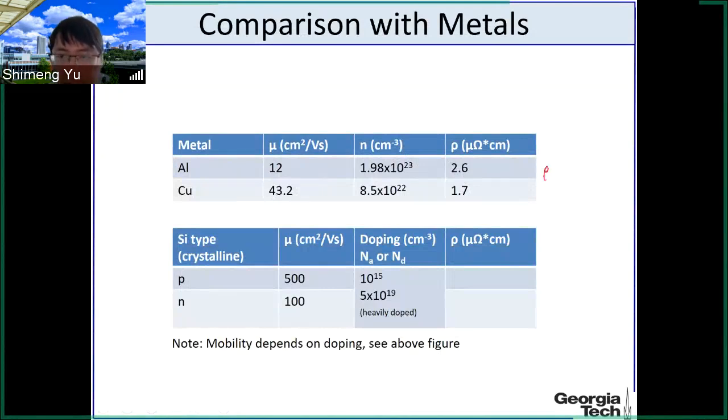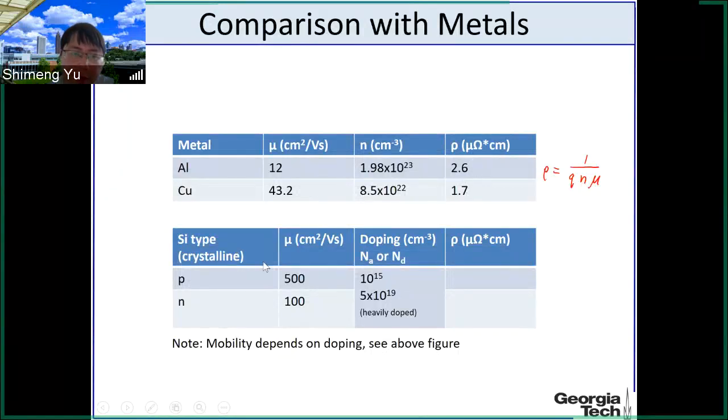And you know the resistivity is 1 over Q n mu. In the metal you only have the electron, so this mu is mu n. You have the mu, you have n, and Q is a physical constant, and then you get the resistivity. So it's pretty small for the metals.